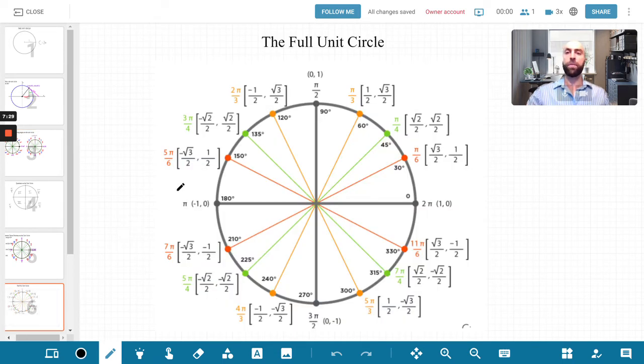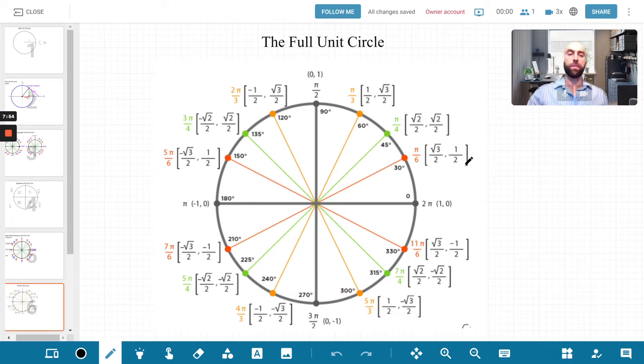Now here's the full unit circle. You can see here the x and the y coordinates are given for each location. If you notice, there's actually only a few values: 0, 1, square root 3 over 2, 1/2, and square root 2 over 2. All the other values are the same, just with different sign changes for the different positions.